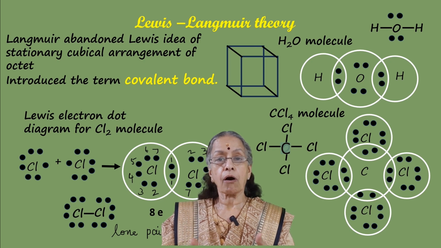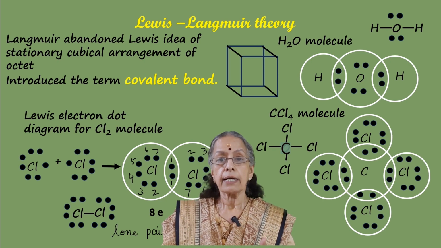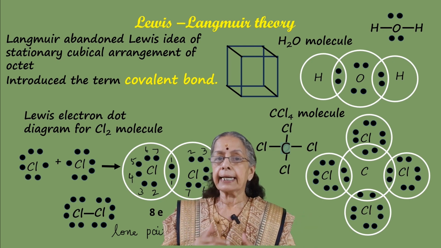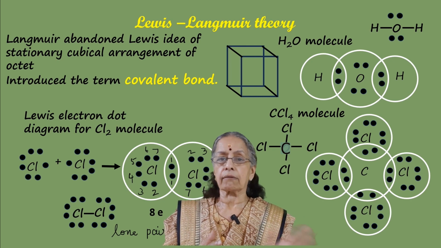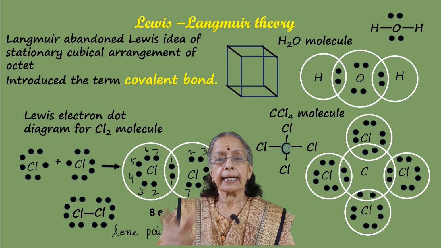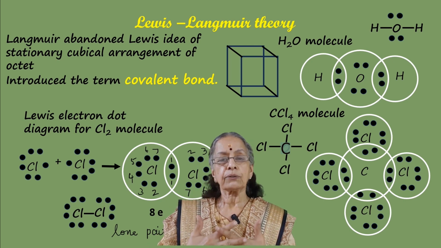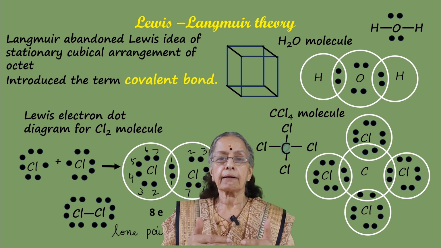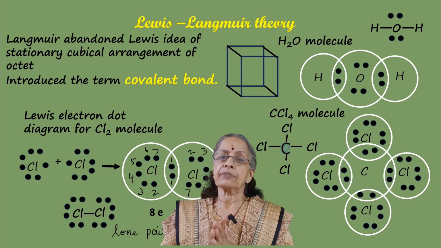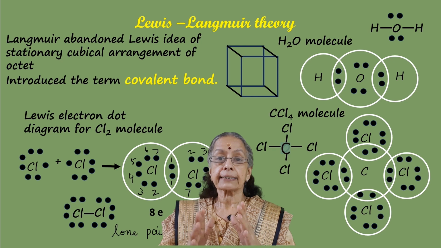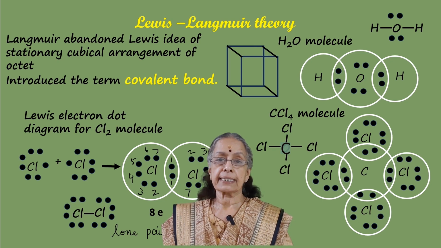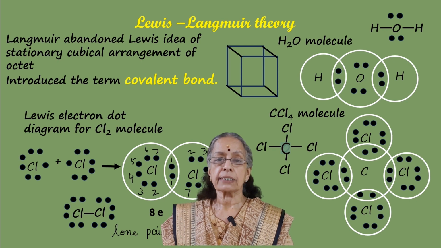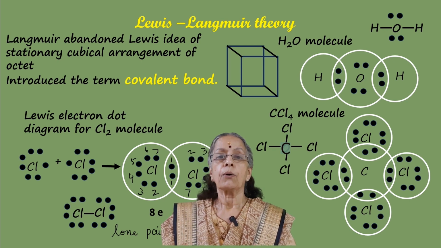That is formation of the bond, sharing the electron with another atom and then placing them accordingly so that they get either the duplet in the case of hydrogen or octet in the case of other atoms. So, the overlapping should be shown correctly. Finally, all the atoms should have octet structure excepting hydrogen. In the next video, we will see how electron dot diagrams are drawn for multiple bonds, then certain ions and certain other types of molecules.